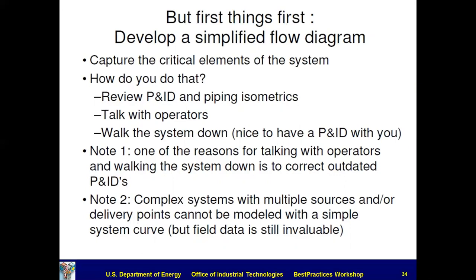They have to understand exactly what's going on currently because they're in control of it. And you can walk down the system with your P&ID and note any changes. I think we did talk about this in class, so I'm going to move pretty quick. Operators know what's going on.